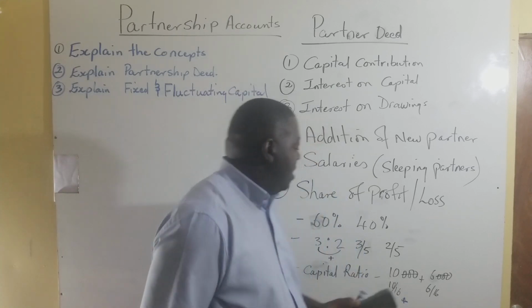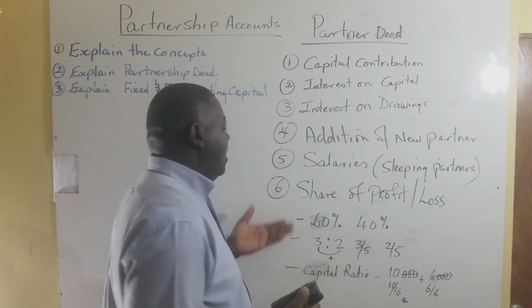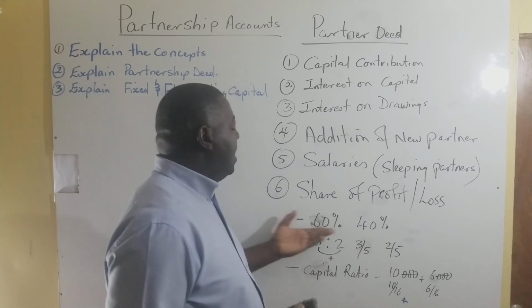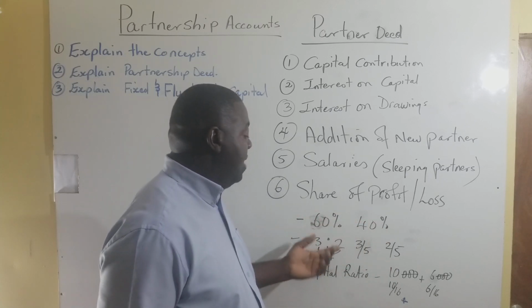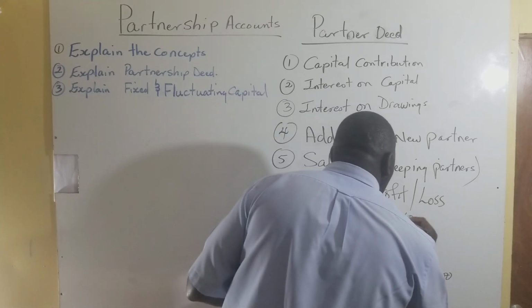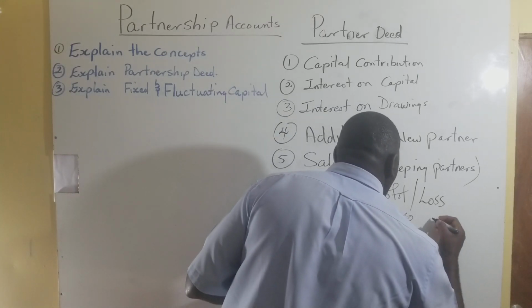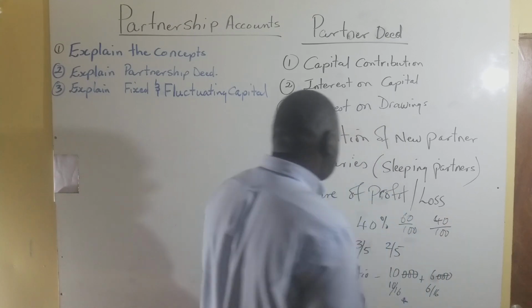for profit. So you will find in some questions or some situations where they give you the percentage and you simply work the percentage out of 100, right? Because this would be 60 over 100, and the other would be 40 over 100.